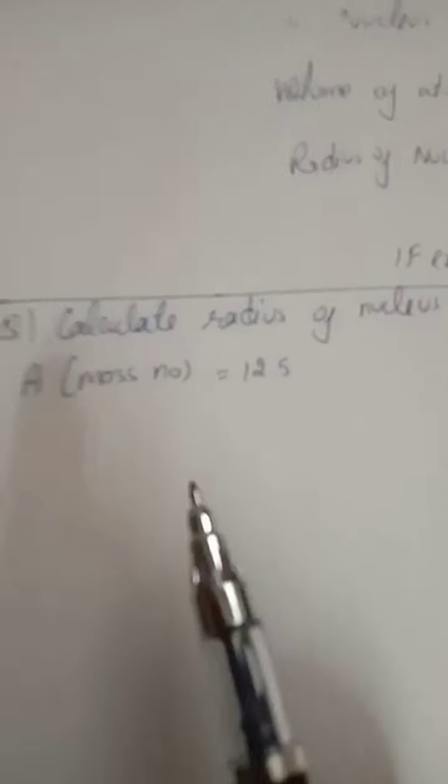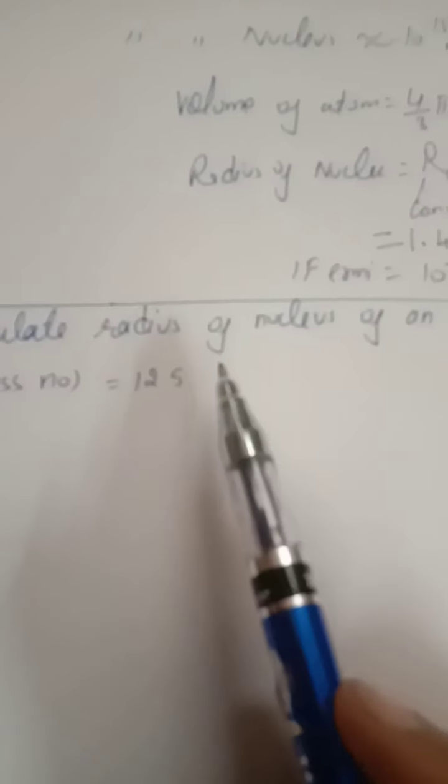Now I have written here one question. Calculate radius of nucleus of an element having A, that is its mass number, equal to 125.